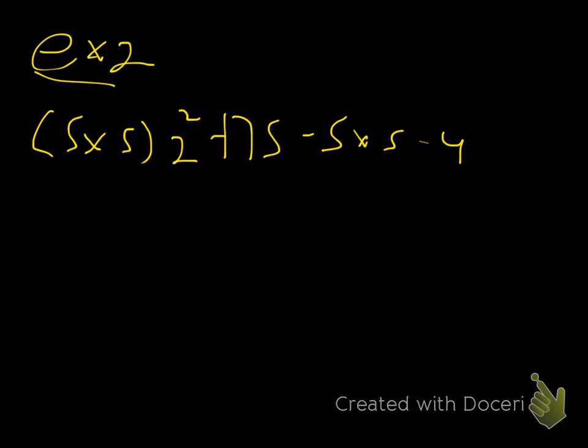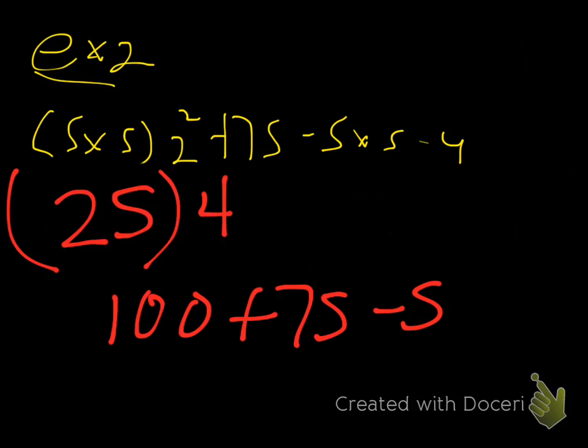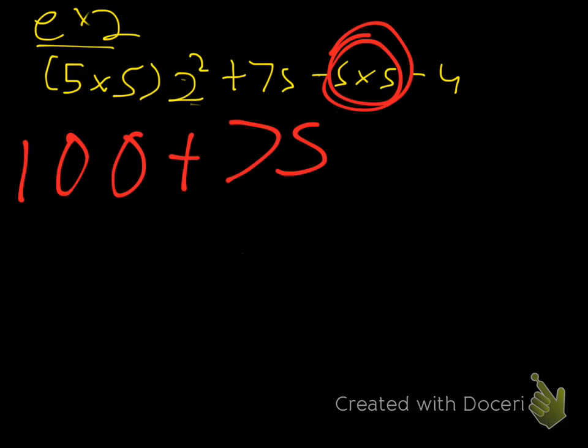Now after you have 25 and a 4, you add that together because you have to go from left to right. So you have 100 plus 75 minus 5 times 5 minus 4. Next step, you multiply these two, 5 times 5, so you get 25 minus 4.